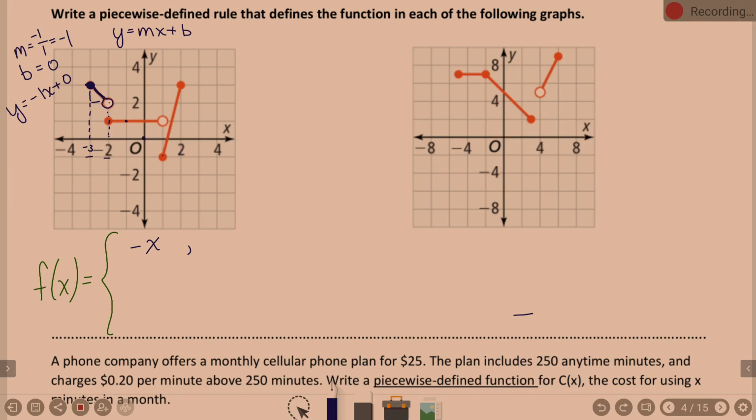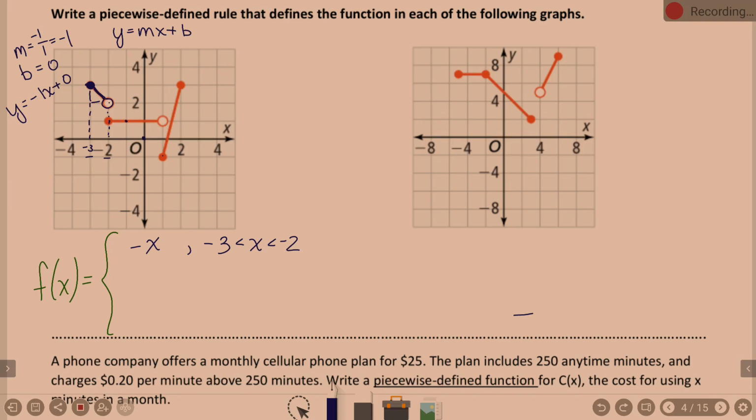Those pieces line up with -3 to -2. Same formatting that you've been seeing: -3 less than x less than -2. You can always use that formatting if you have the smaller number on the left, bigger number on the right, x in the middle, and they're always both going to face the same way and be less than signs. So -3 less than x less than -2.